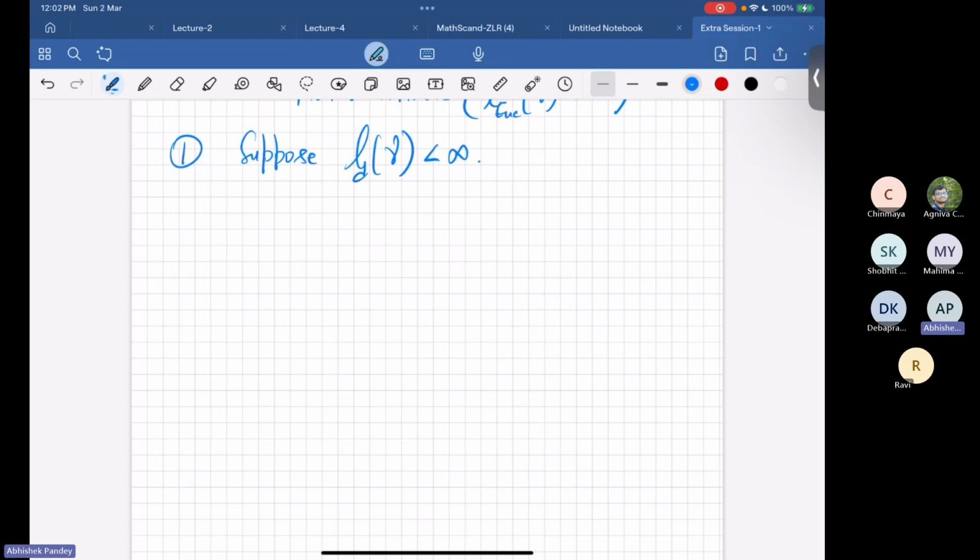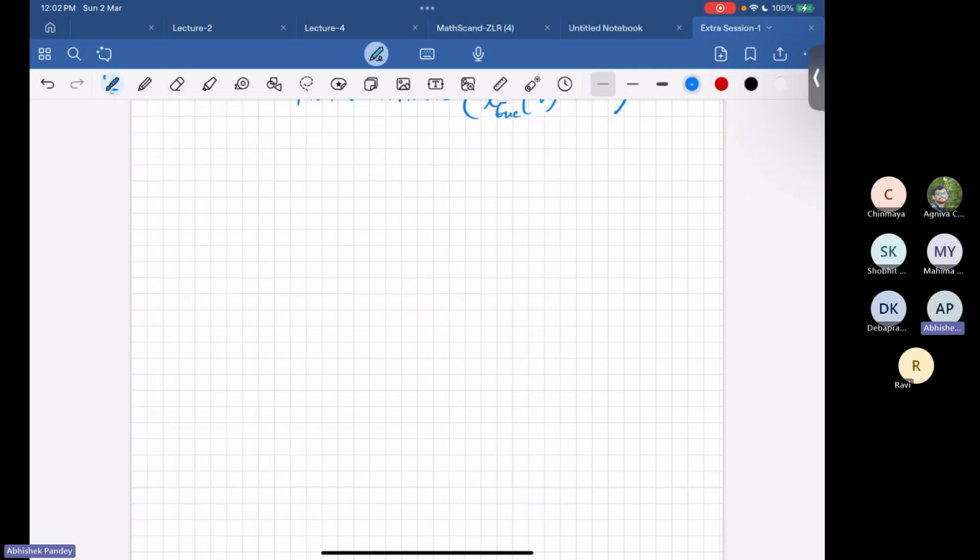Okay. So L_d of gamma is less than infinity, and take the, oh, sorry, wait.